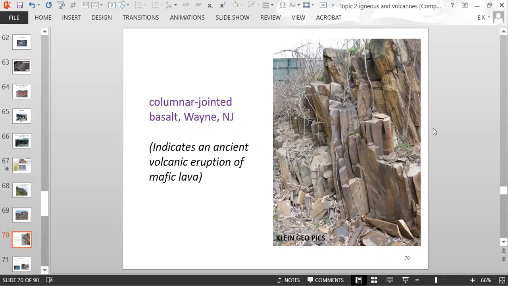So that's pretty exciting. We have columnar jointing on the campus. Later in the semester when we're able to go outside, if we have let's say a day with nice weather, we will be able to take a look at these.